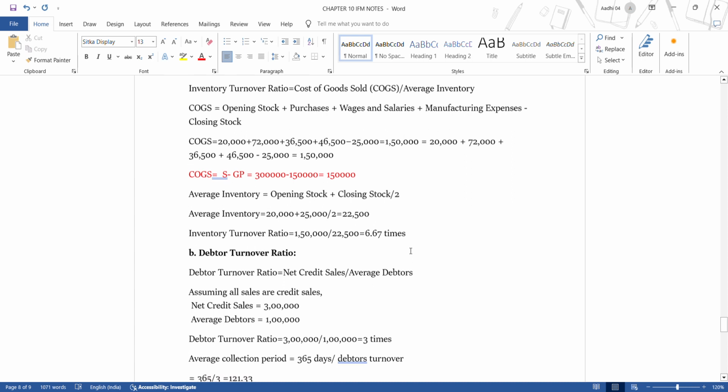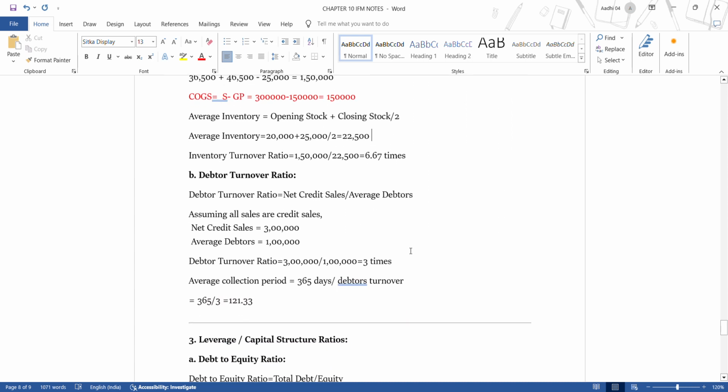Okay, moving on to the next turnover ratio, that is debtors turnover ratio. What is the formula for finding debtors turnover ratio? Yes, net credit sales divided by average debtors.